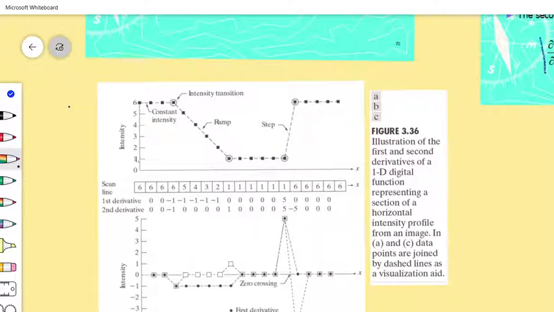So these are the intensity values and these are the scan line values. First intensity values: 6, 6, 6, 6, so up to 4 points it is constant intensity values. And now here it is changed. So this is the intensity transition point. This is the intensity transition point.